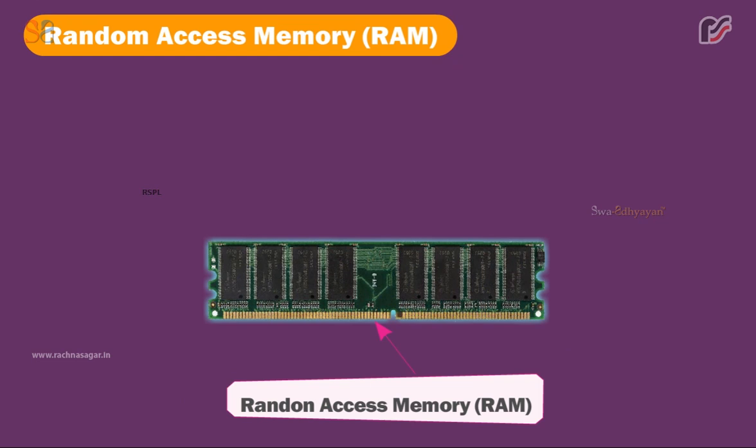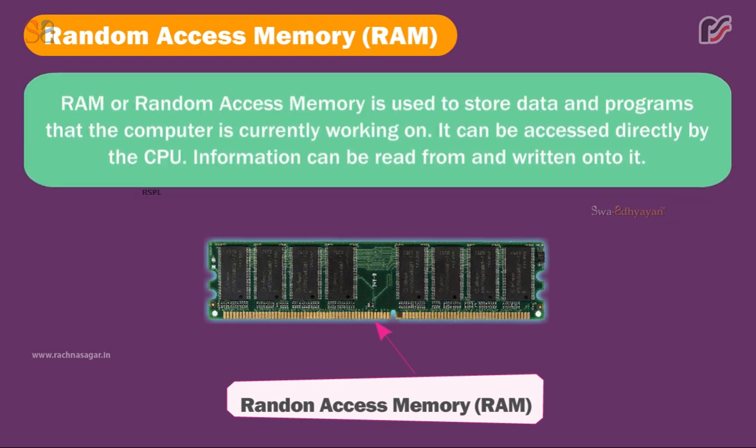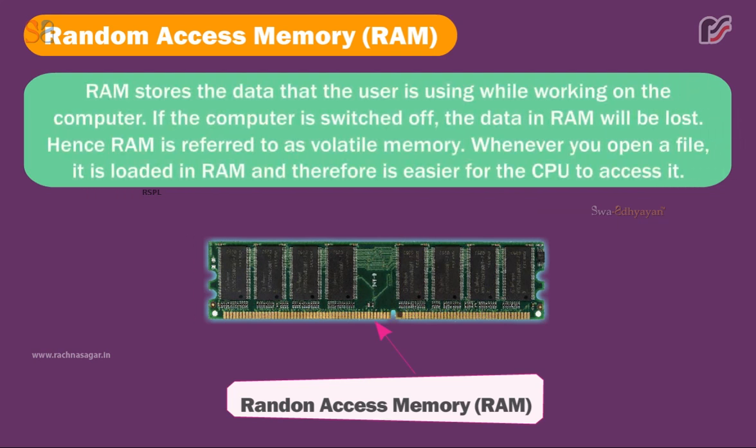Random access memory, RAM. RAM is used to store data and programs that the computer is currently working on. It can be accessed directly by the CPU. Information can be read from and written onto it. RAM stores the data that the user is using while working on the computer.